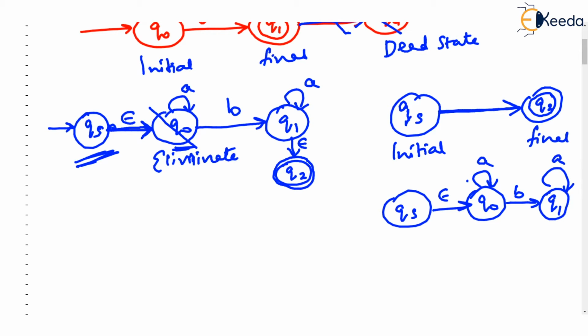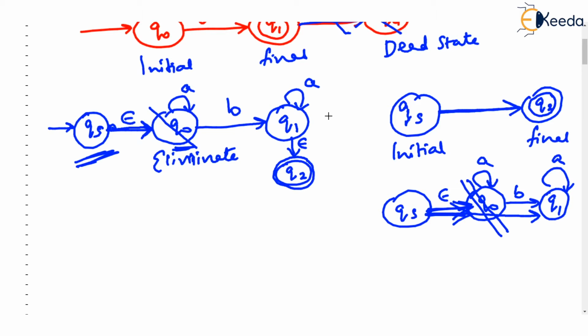If you are going to eliminate Q0, you can see that QS has a path to Q0. Now you are going to delete this Q0, so you should do something about this path. Q0 leads you to Q1, and that path is through Q0. Please try to understand: you are going to eliminate Q0, so you have to build a regular expression.